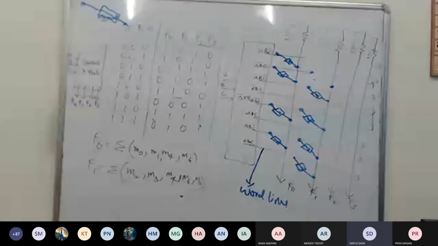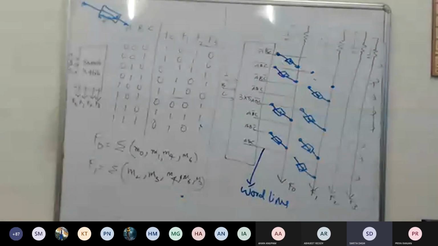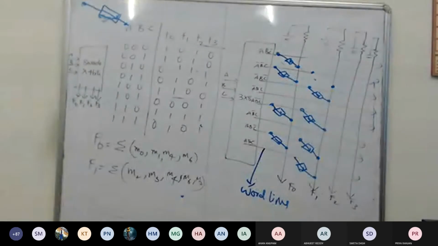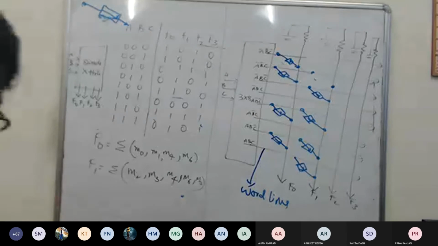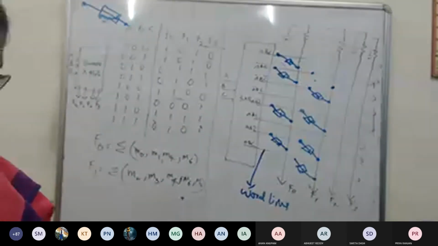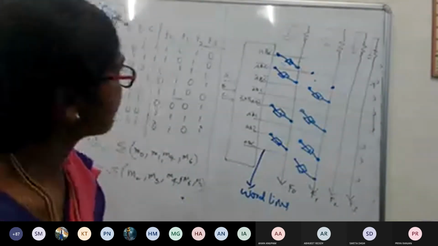Ma'am, some of the min terms are repeating, like M2 is connected to more than one switch. Doesn't matter. See, a word can be created with many things. Just a second.